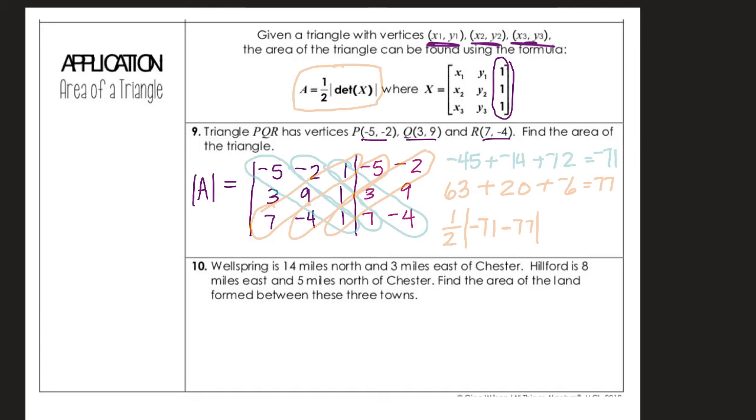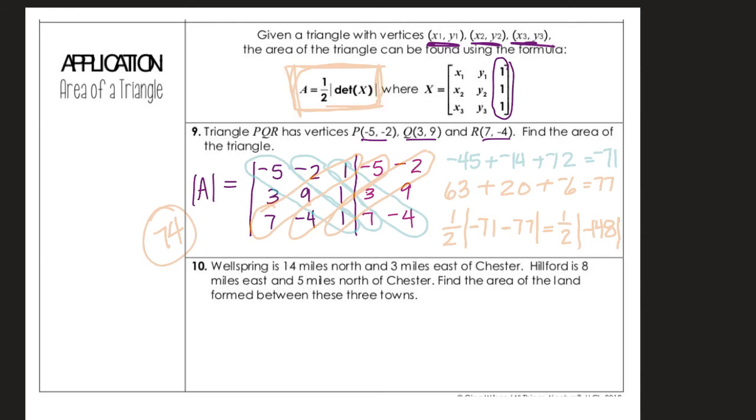And so that's going to give you 1/2 times the absolute value of -148. So the area of that triangle is going to be +74.